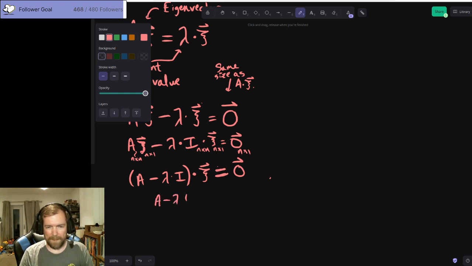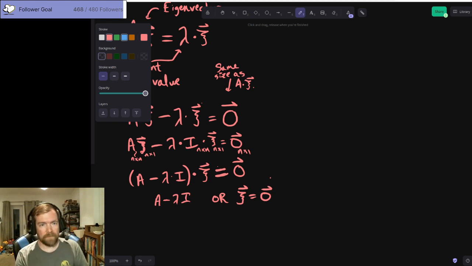Why? Because if not, then we don't want the eigenvector C to be 0, because that would be the origin again, and we discussed earlier that we don't really care about that point too much. So it would have to be that A minus lambda I in some sense is going to be 0.